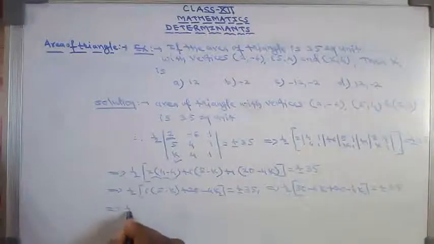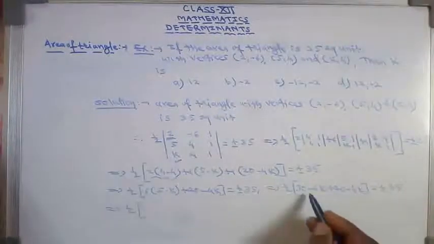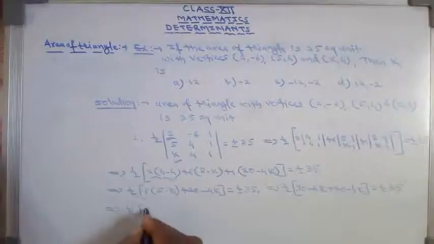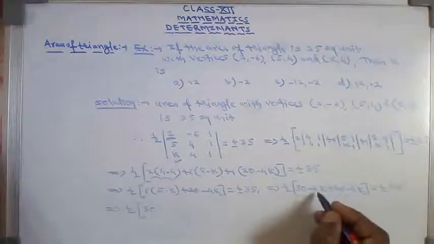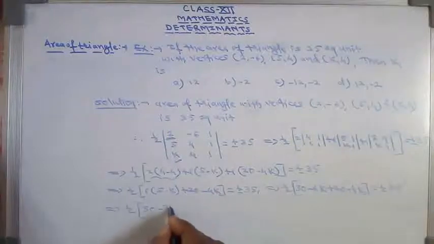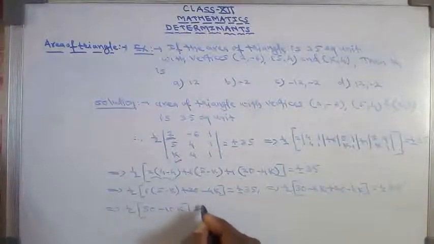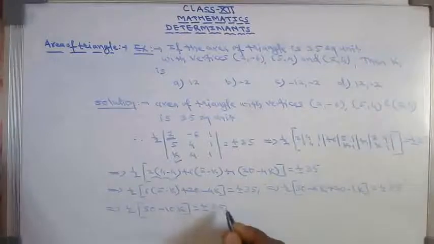This implies half into (30 plus 20, that is 50, minus 6k minus 4k, minus 10k) equals plus minus 35. Taking 2 as common, the 2 gets cancelled: 25 minus 5k equals plus minus 35.